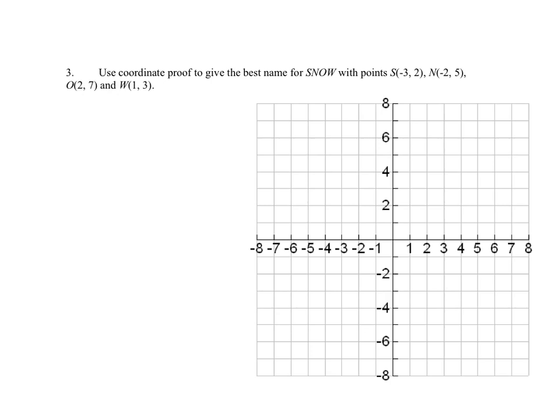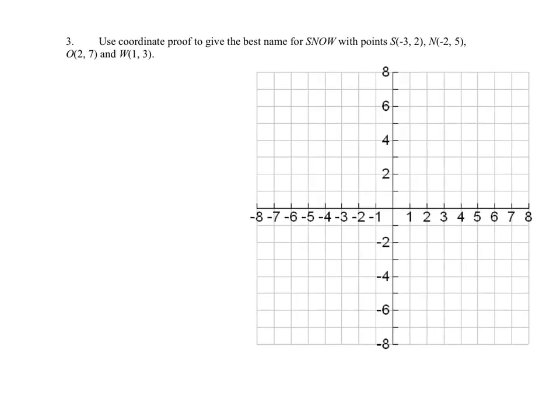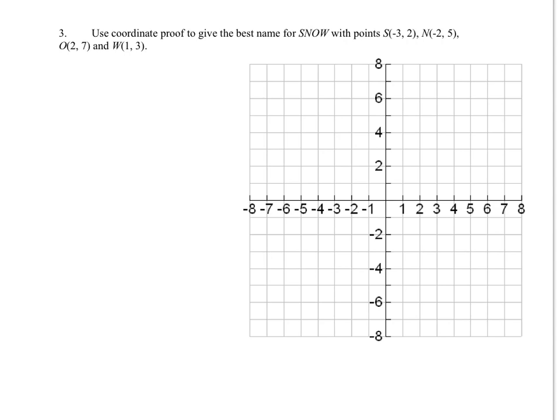Okay, last one here. We want to determine what SNOW is. And I'm going to change this to a 6 instead of a 5. All right, so S is (-3, 2), N is (-2, 6), O is (2, 7), and W is (1, 3).